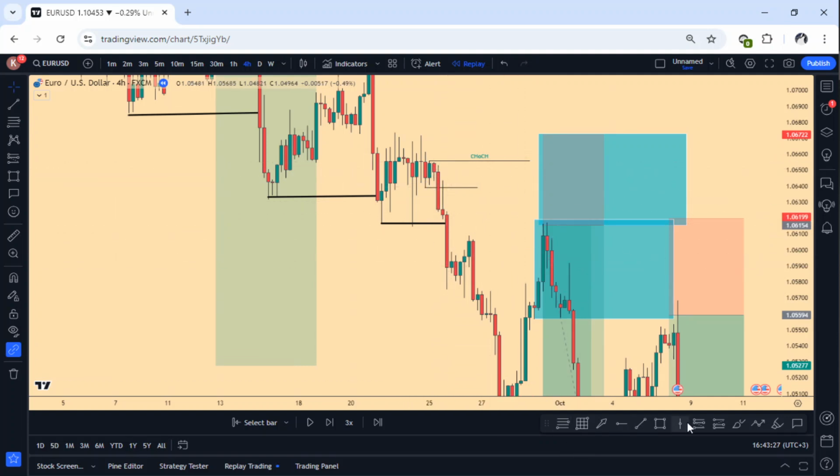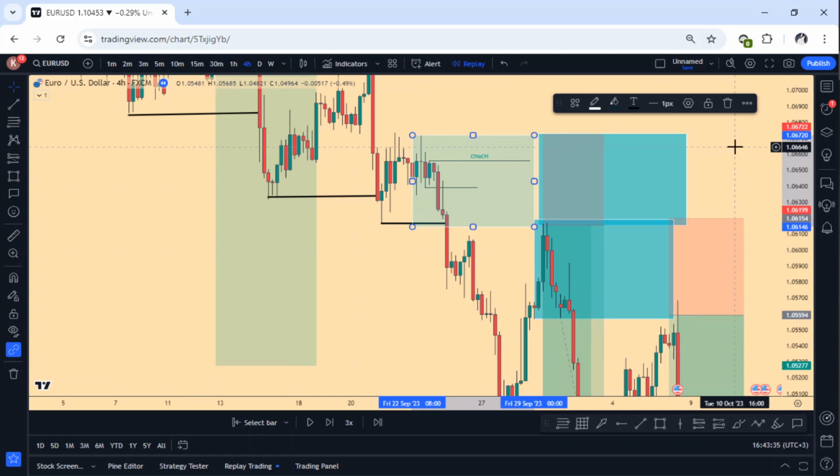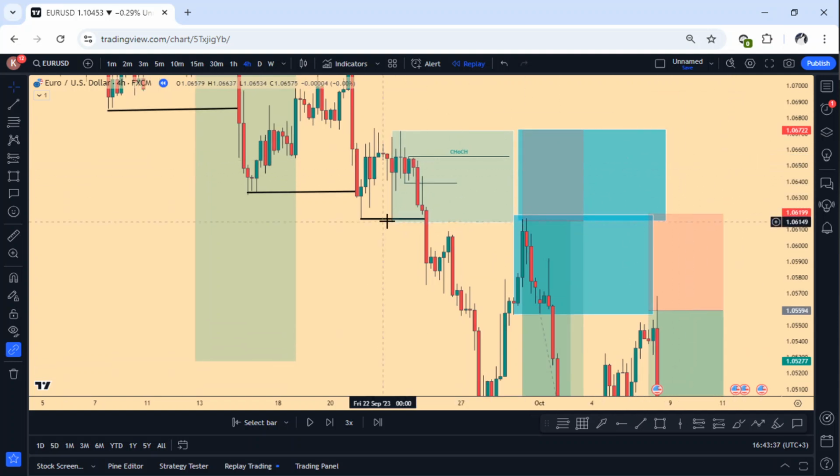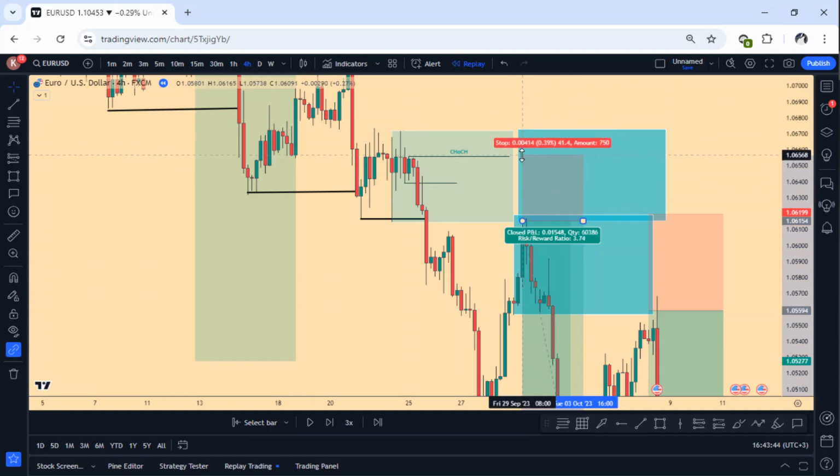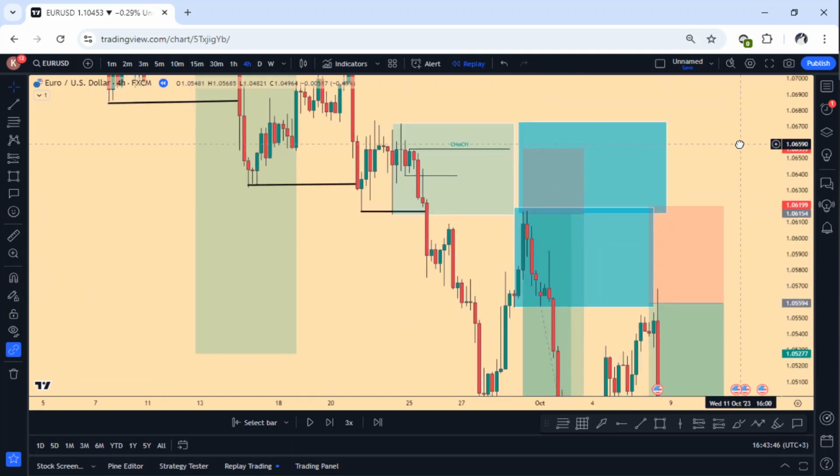So eventually this is the correct order flow again, but now you can have your stop loss somewhere here if you want to be more precise. That is where your stop loss is if you are swing trading.